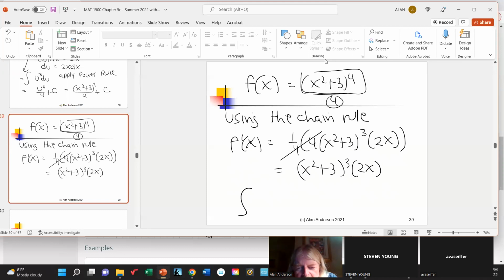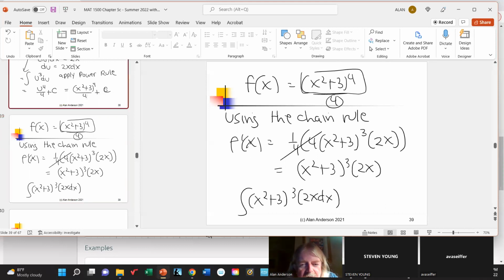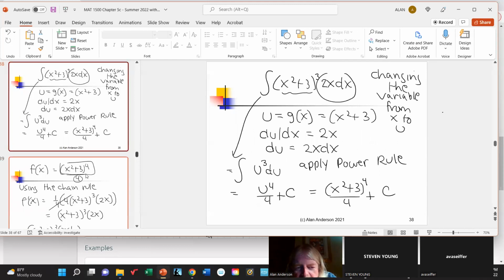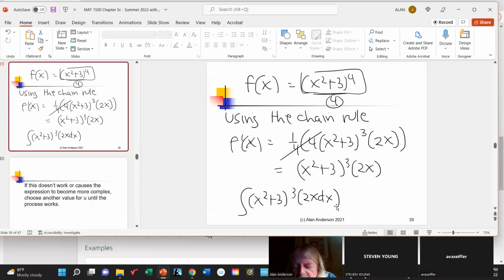So before, when we were integrating this function, it looked like this. So this proves that we did this correctly, okay? Because the integral we obtained here, once we differentiate it, brings us back to the original function that we were integrating.